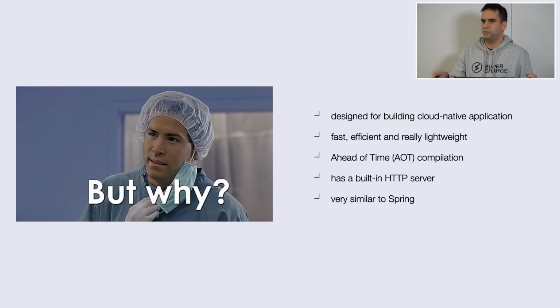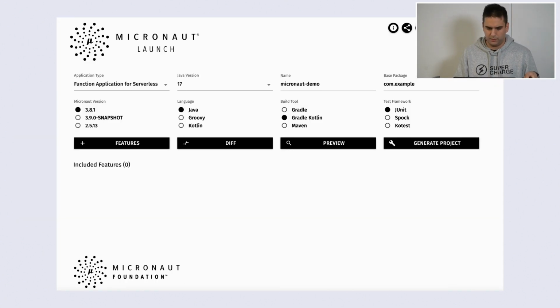And it's very similar to Spring. You don't have to relearn everything from the ground up. You just download the application and you can use it easily. You can develop these Micronaut applications on day one. It's really similar. It also has a nice initializer page as Spring has. You can choose your application type, which can be a function application for serverless.